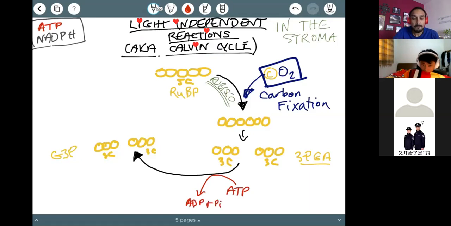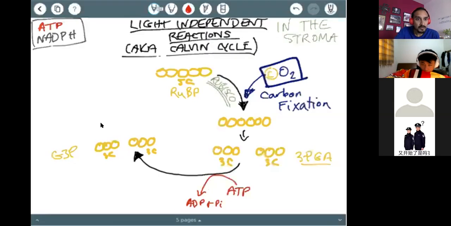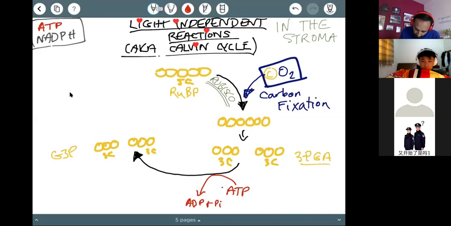There's actually going to be 2 of those, the 2 ATP, because there are 2 of the 3-carbon molecules. Like 1 ATP for each of the 3-PGAs.